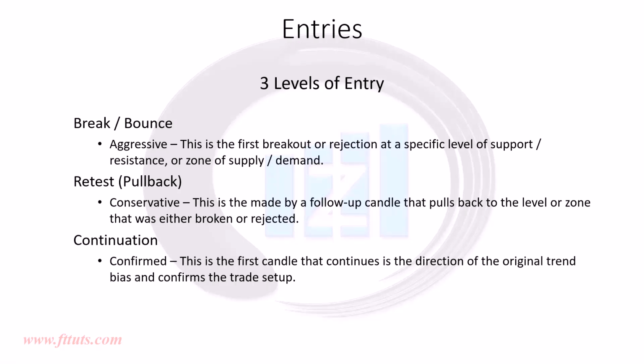We're jumping in a little bit ahead of the gun when we take these types of trades, and you'll have these trades as you go through your career, but just know that you're definitely jumping the gun if you're entering just on the break or the bounce of price. That's why we deem it an aggressive entry. Okay, the next level of our entry is going to be the retest or the pullback.